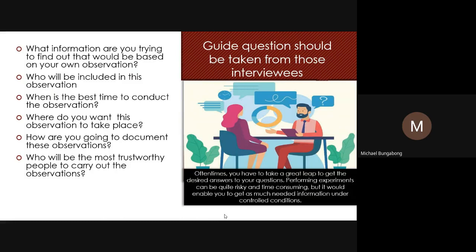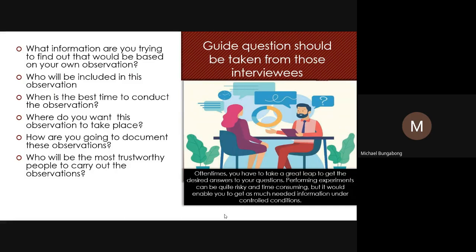Who will be the most trustworthy people to carry out these observations? Make sure they are qualified to the qualifications that you are looking for when you are conducting a survey or maybe a sample or interviewees, just to make sure that they are the ones who help you meet your objective. Okay. So oftentimes you have to take a great leap to get the desired answer to your questions.